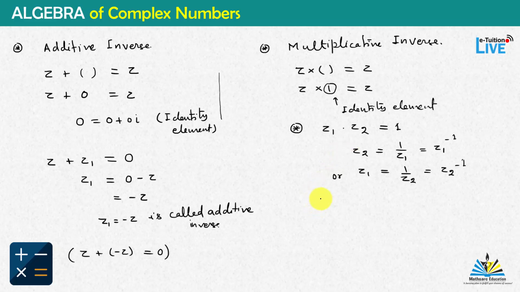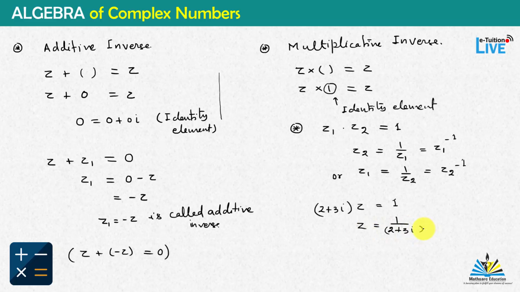So what is the multiplicative inverse? If we have 2 plus 3 iota as a complex number, and if we multiply by a complex number z such that the multiplication is 1, then z is known as the multiplicative inverse of 2 plus 3 iota. And hence we can write z as 1 upon 2 plus 3 iota.